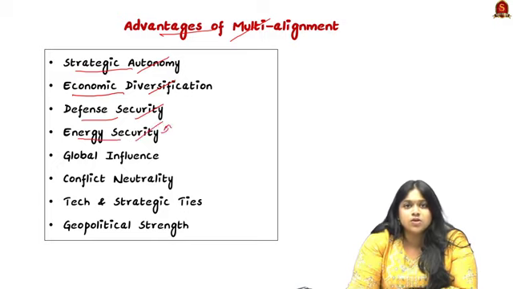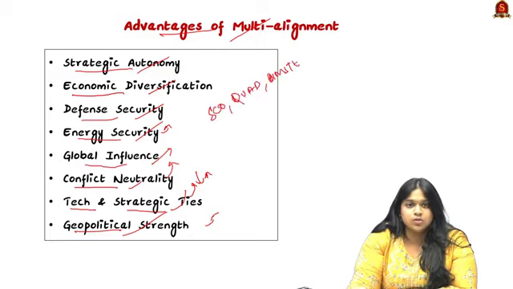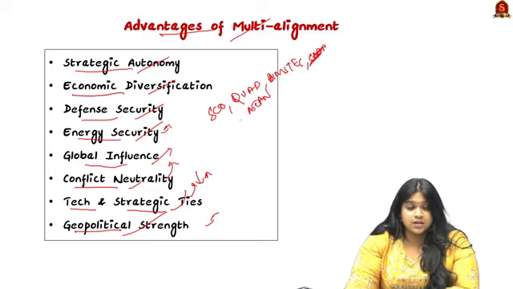Right now we are moving towards having multiple sustainable developed countries, and bringing in global influence through different partnerships, having conflict neutrality, so there is a balance of check even between the countries, and bringing in the importance of tech and strategic ties, so there is a reducing of the digital gap and increasing of the digital diversification, and having geopolitical strength finally through having different partnerships through SCO, through Quad, through BIMSTEC, through ASEAN, etc.